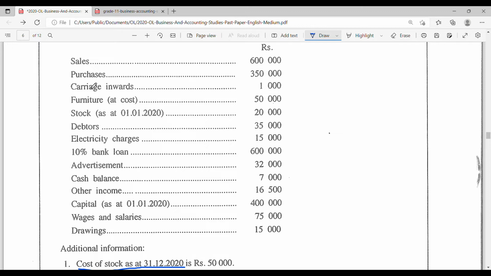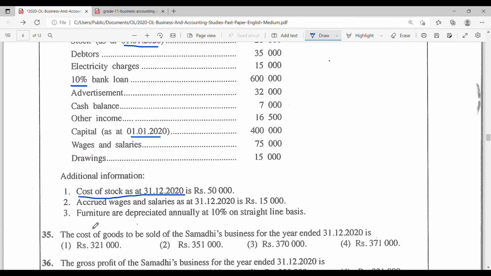Sales, purchases, carriage inwards, furniture given at cost, stock which is the opening stock, debtors, electricity charges, 10% bank loan, advertisement, cash balance, other income, opening capital is given here, wages and salaries, and drawings.